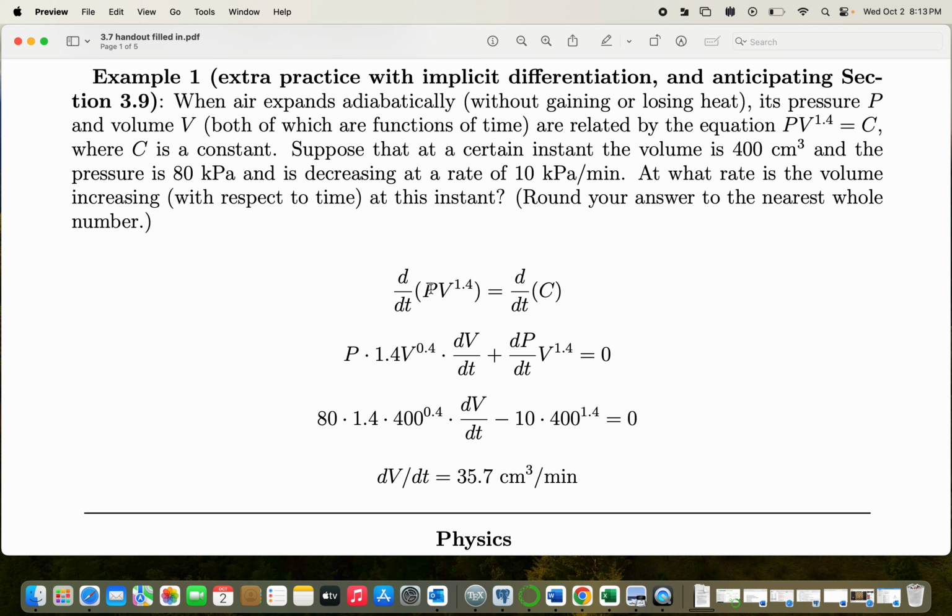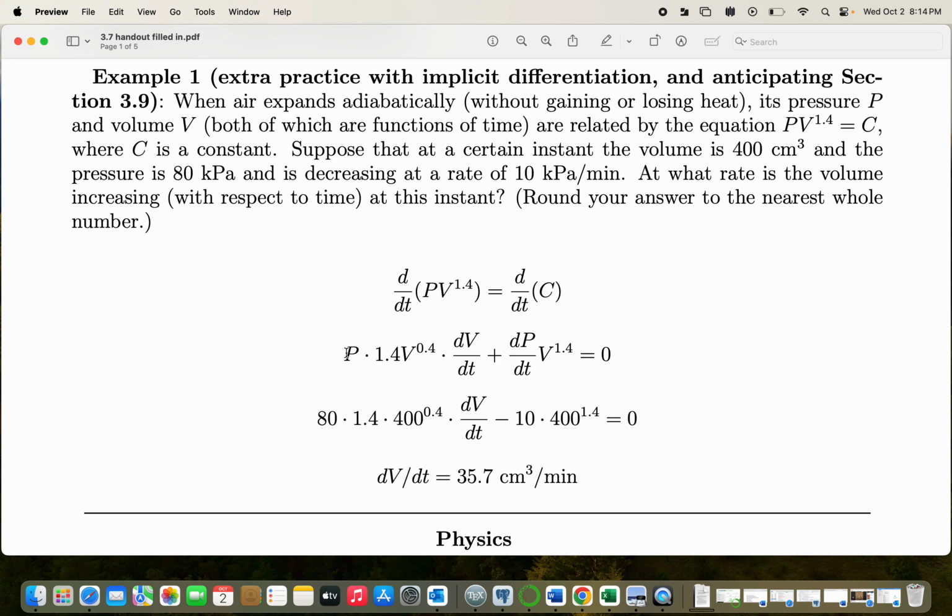So the product rule says, leave the first thing alone, multiply by the derivative of the second, and we have something to a numeric power. So stuff to a numeric power, bring the power down, decrease the power by 1, times the derivative of the inside, which is volume, and then add the derivative of the first term. So the derivative of pressure times the second term left alone.